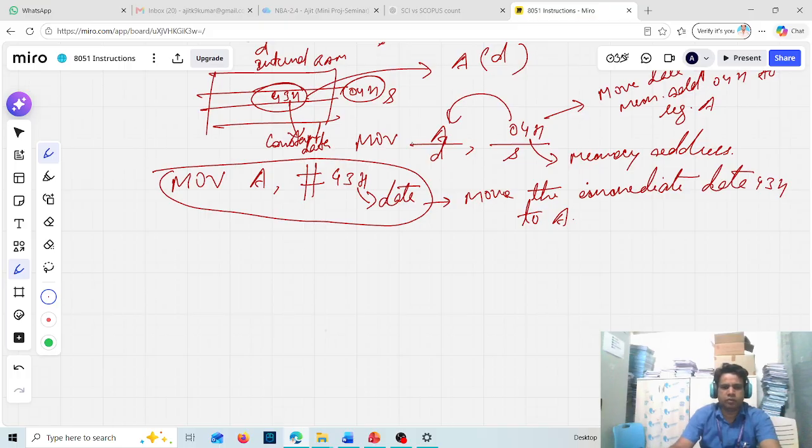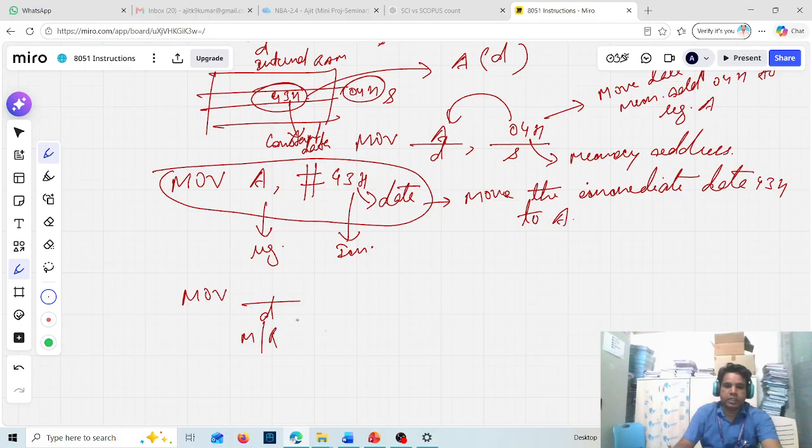So like this you can have different combinations. That is, I have used here immediate value, and here I have used register. But always remember one thing: when you are using move instruction, this destination should always be memory or register.